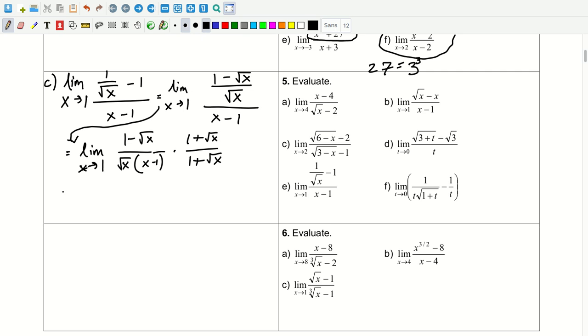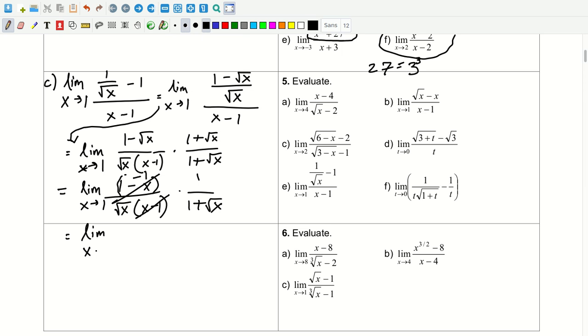Now these terms in the top are going to make 1 minus x, and we get root x, x minus 1. Then this factor in the bottom is still there, so I can't let go of it. I have to write it out. So 1 over 1 plus root x. And if I cancel these out, no problem, but I have to put a negative 1.